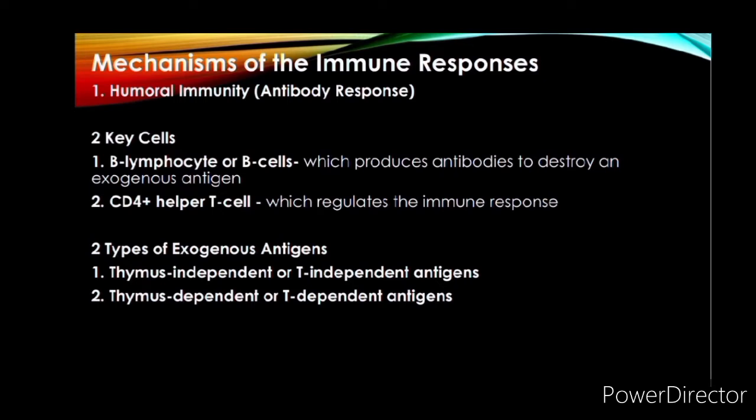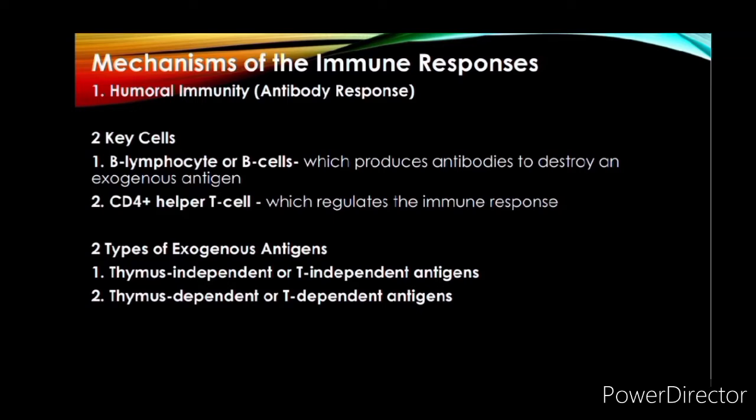An exogenous antigen is a foreign antigen that originates outside the body. For example, bacterial antigens. And the other one is the CD4 positive helper T cell, which regulates the immune response. So there are two types of exogenous antigens.